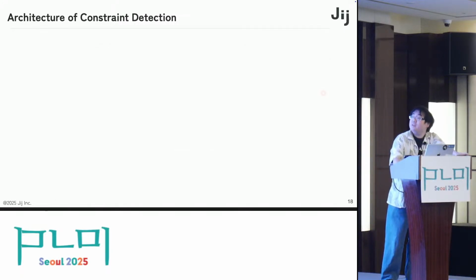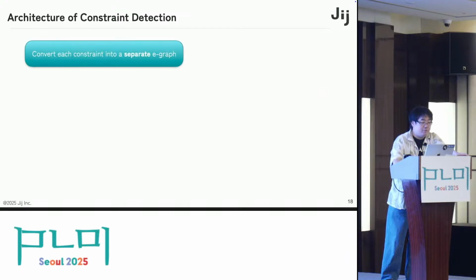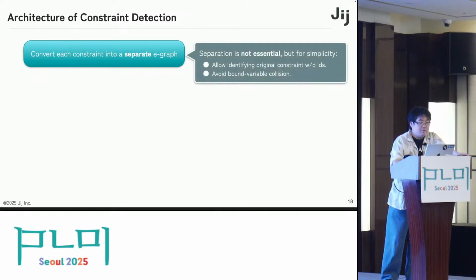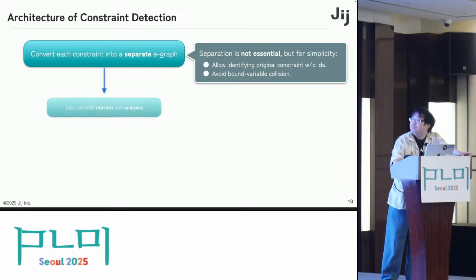Okay, so our constraint detection proceeds as follows. It first converts each constraint into a separate e-graph. Separation is not essential, but for simplicity reasons. It allows identifying the original constraint without issuing IDs. So we can just match against each e-graph and avoid bound variable collision here.